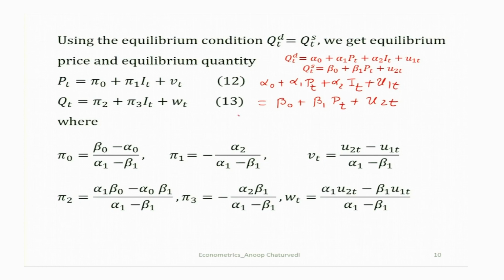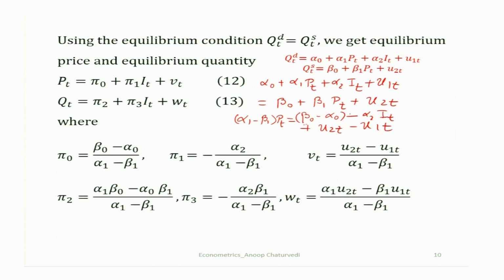So, from here we obtain (alpha 1 minus beta 1) p t equal to beta naught minus alpha naught, actually we have minus alpha 2 I t plus u 2 t minus u 1 t.